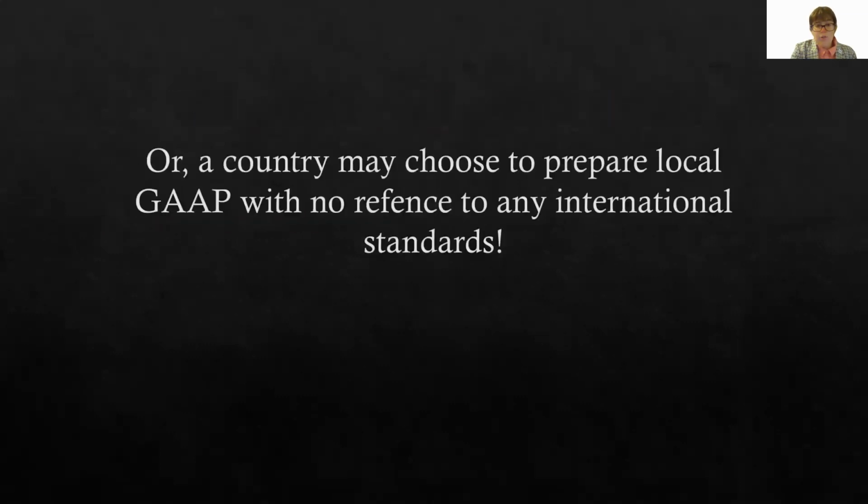Or a country may choose to prepare local GAAP with no reference to any international standards, which of course has both advantages and disadvantages. It is of course going to be much better suited to each country. However, it's going to take a lot longer to implement, and of course you need the right skill set to be able to do that.